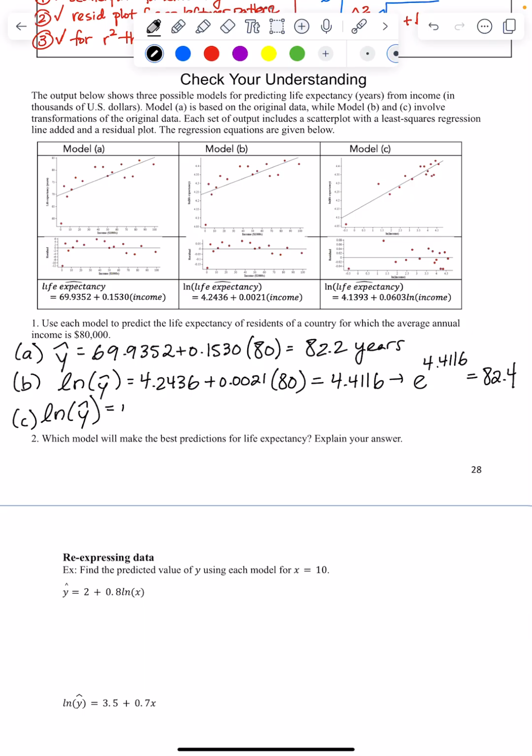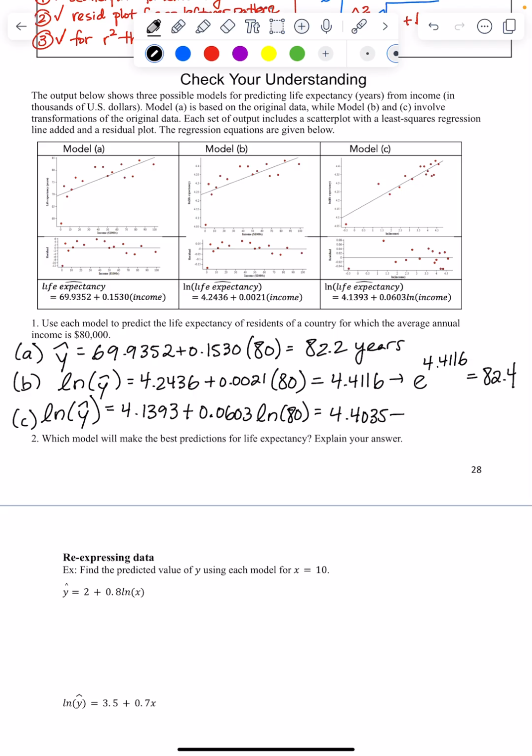So we're going to have the natural log of y equals 4.1393 plus 0.0603 times the natural log of 80.